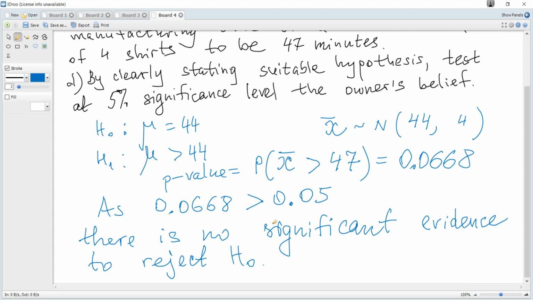No significant evidence to reject H0 means that we accept H0 or we reject H1, the alternative hypothesis. And that's all for this question.